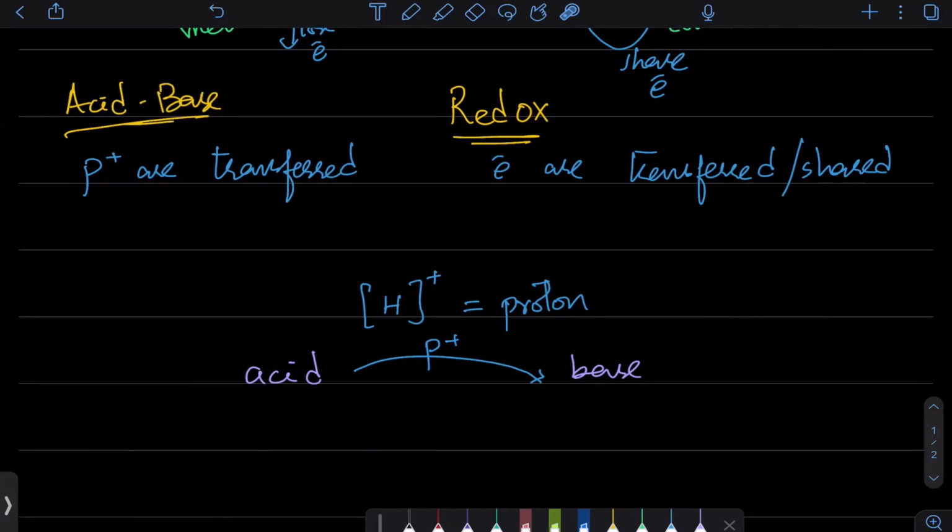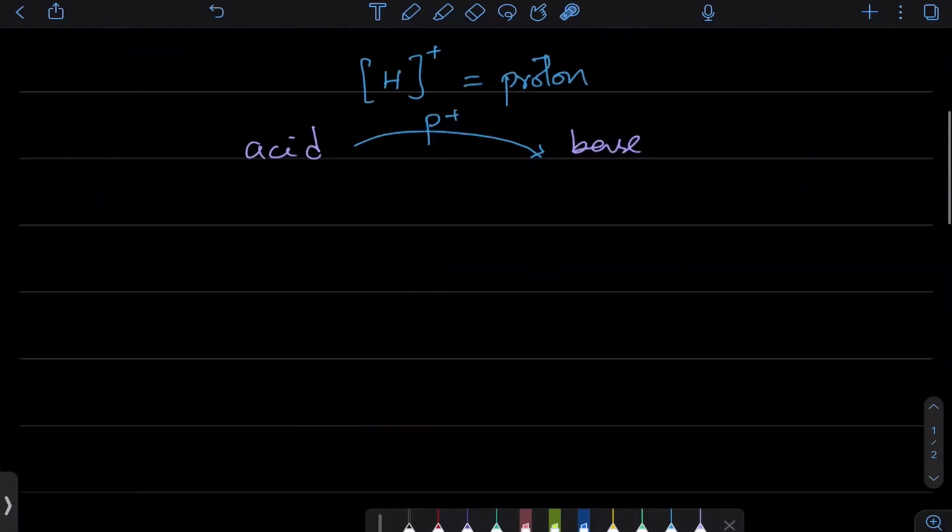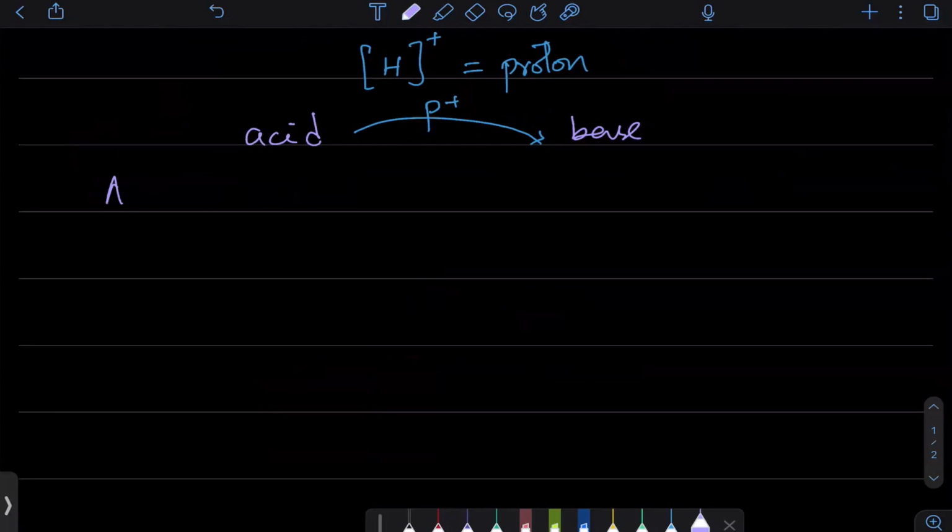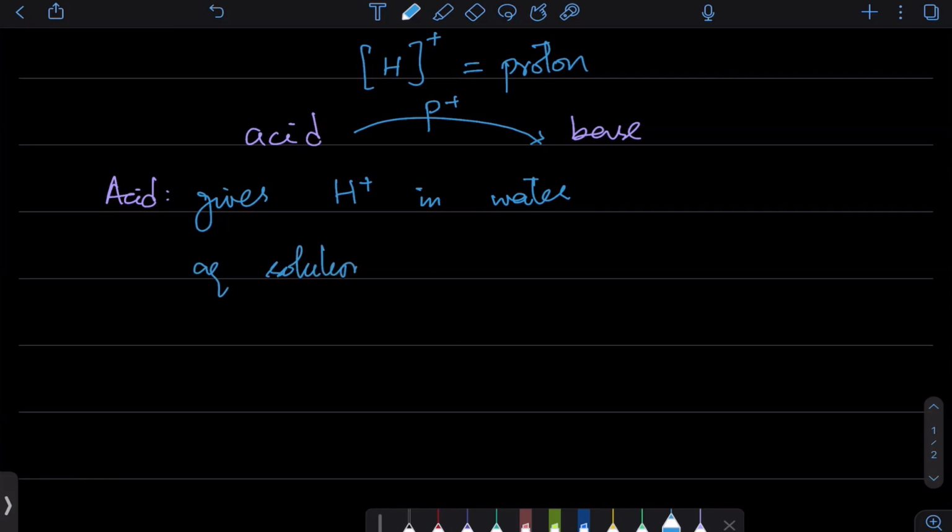All right, so let's try to define what is an acid. An acid gives proton, or proton को हम H positive भी लिख सकते हैं, in water. Or you can say that aqueous solution of acid has proton, H positive ion.